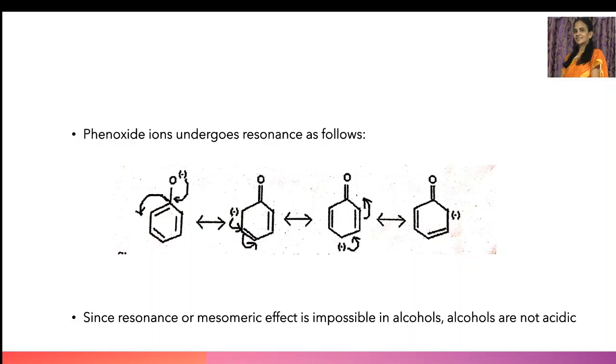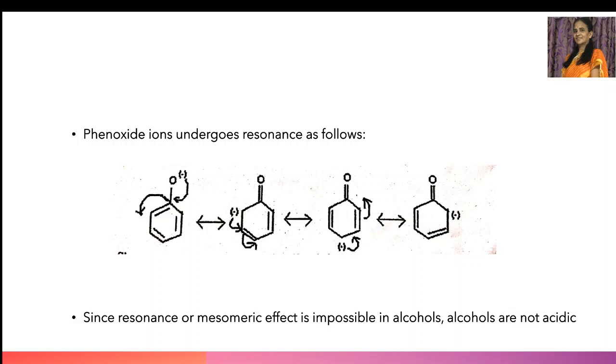A double bond is formed between C and O, and this pi bond shifts towards this carbon, and this carbon gets a negative charge. And we can give resonance structures here. If this goes inside, this carbon gets a negative charge, and if this negative charge goes inside, due to resonance this oxygen gets a minus charge. So these are all the different resonance structures of phenoxide.